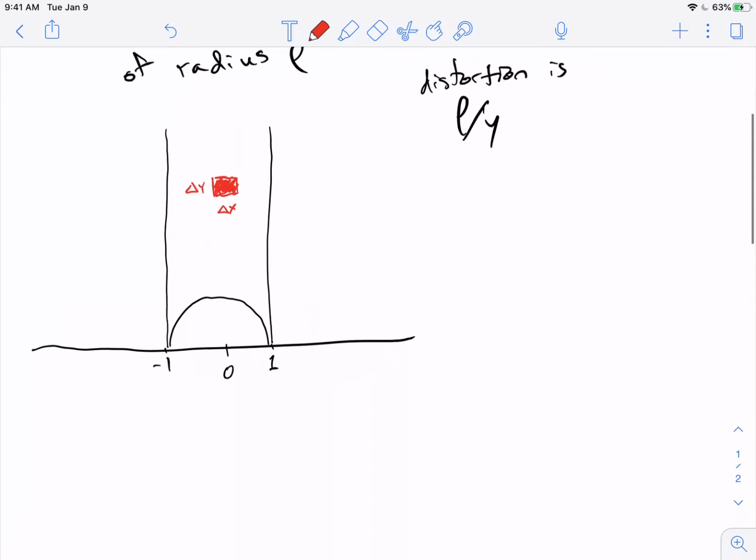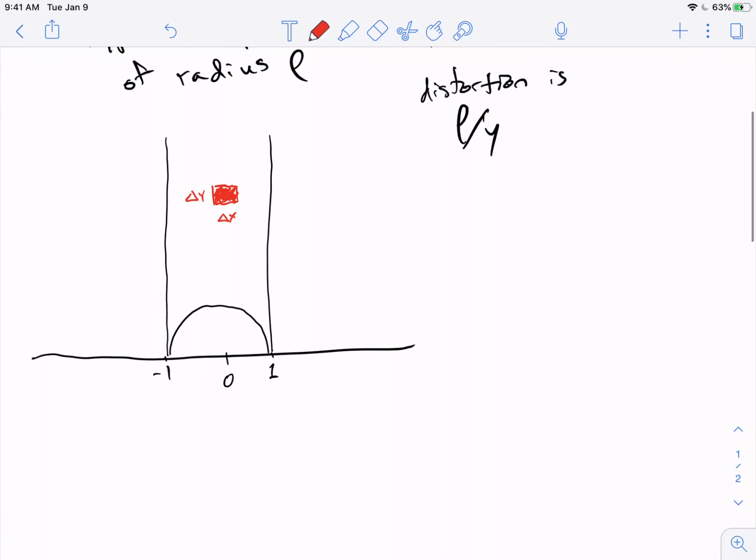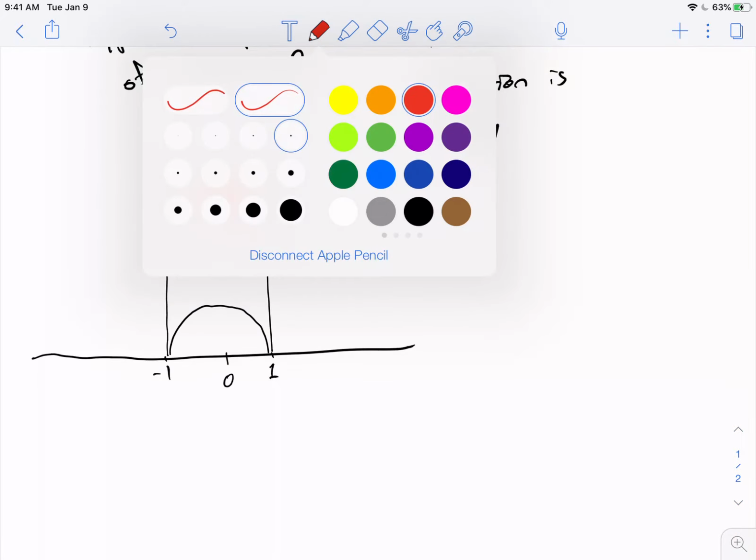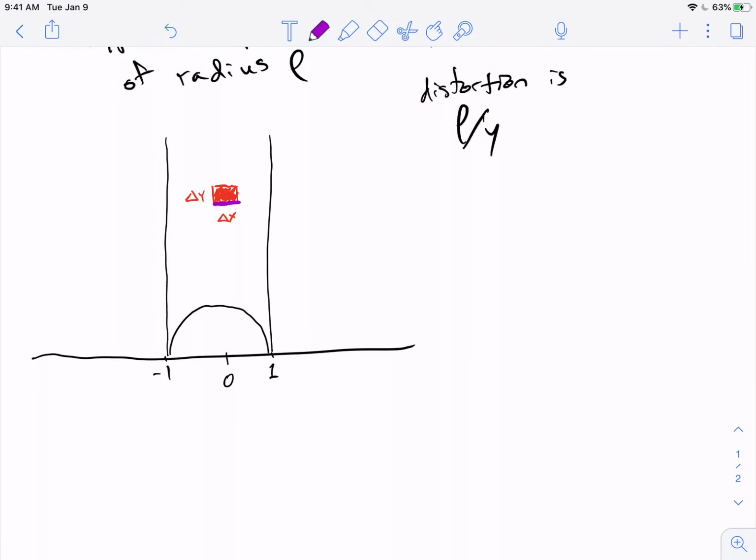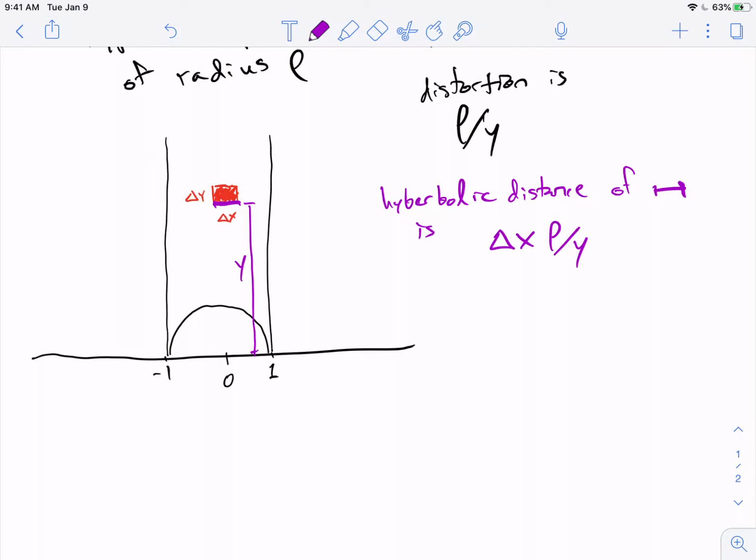Okay, well, the hyperbolic width of this rectangle, this little segment here, is delta x times this distortion factor of rho over y, where y is the height that segment's at. Okay, we already said that.